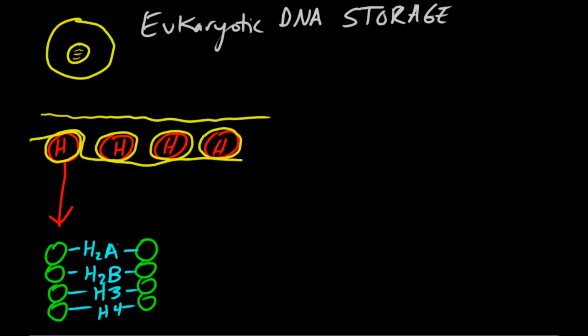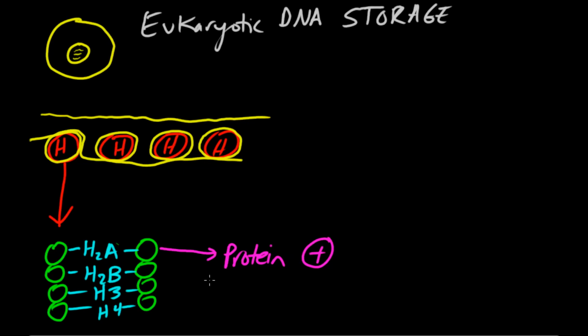Okay, so each of these units can be broken down further. So this unit is going to be made up of proteins. Remember, proteins can be either charged or uncharged, and each charge could either be positive or negative depending on what protein is found. So we're going to remember that these histones have a lot of proteins that have a charge, and more specifically, they're going to have a positive charge.